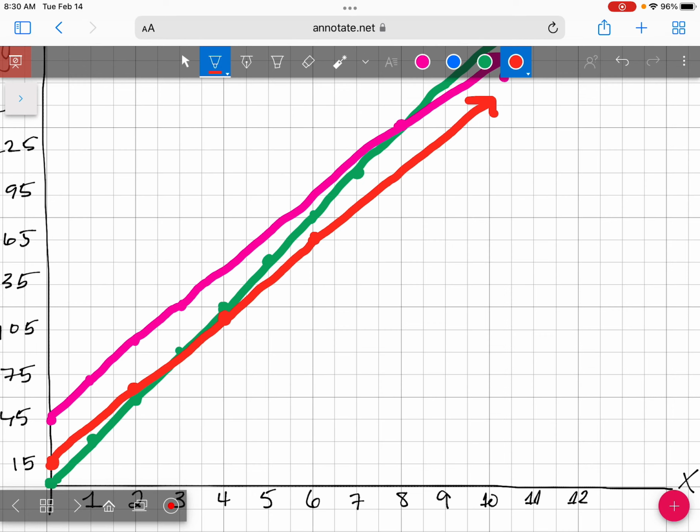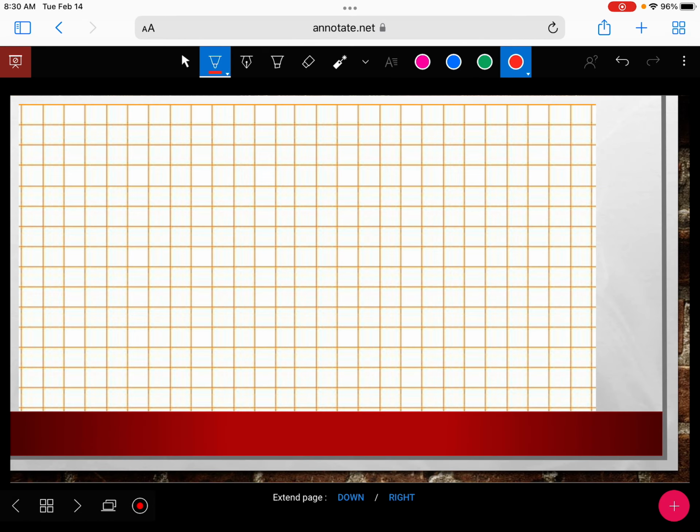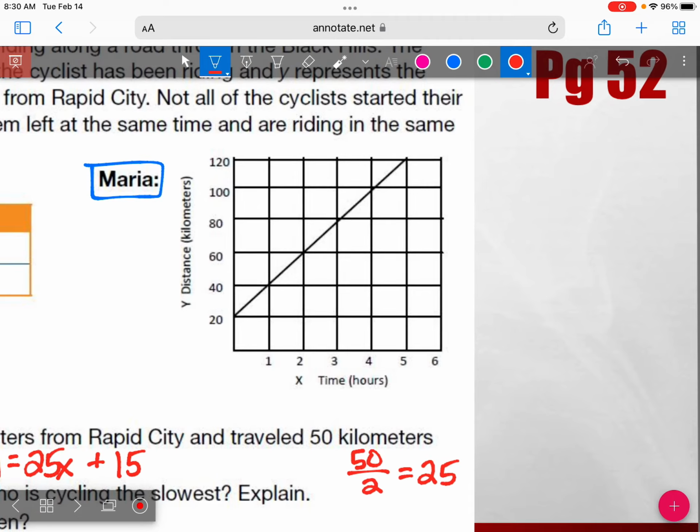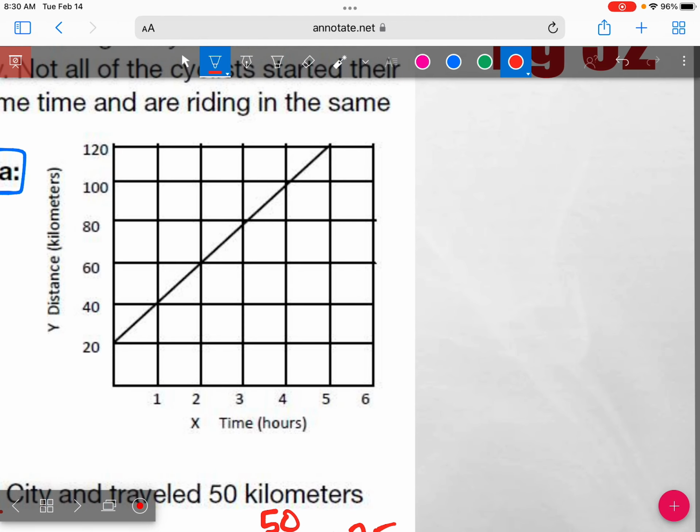Okay. Lastly, we need to graph Maria's line. Where does Maria start? How many miles away from Rapid City does she start? 20. Okay, so we know 20 is going to be our y-intercept, yep. And then looking at your graph, can you tell what her slope is? What did you say? 20?